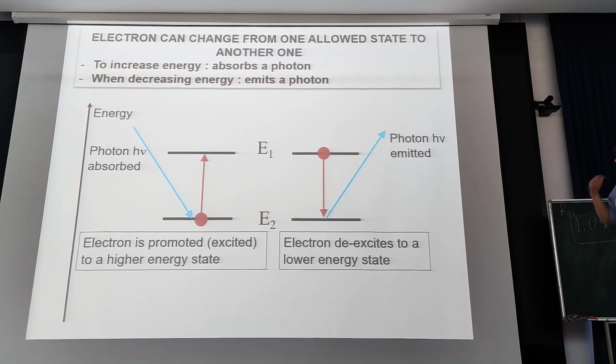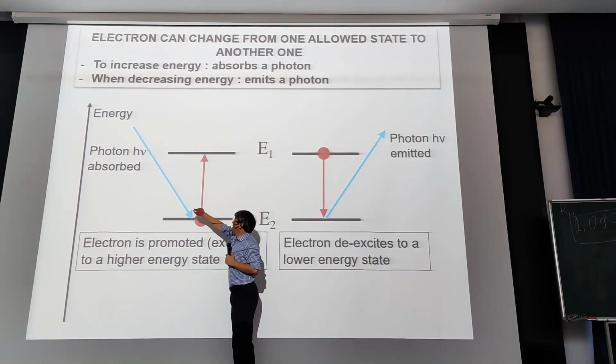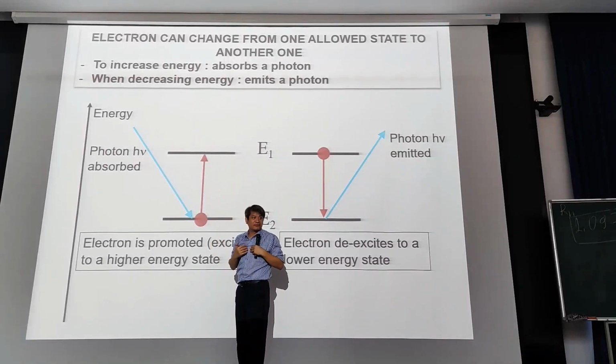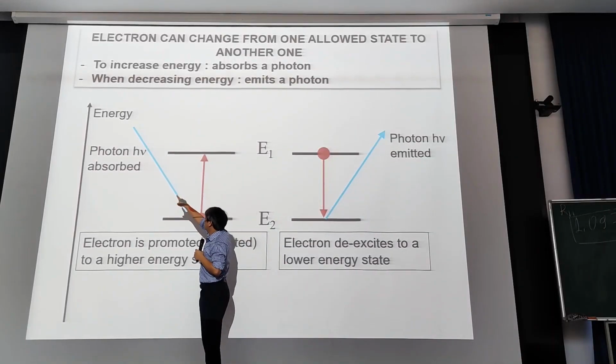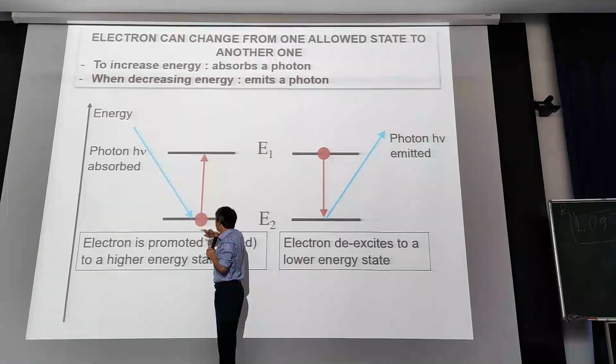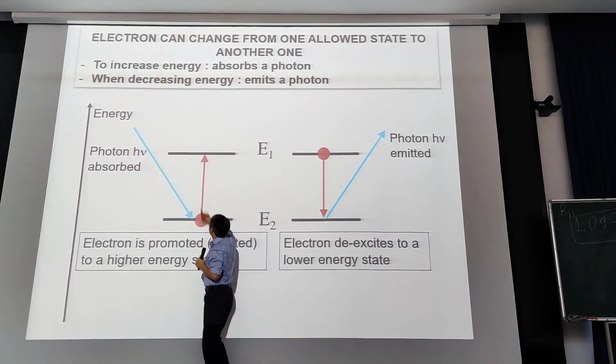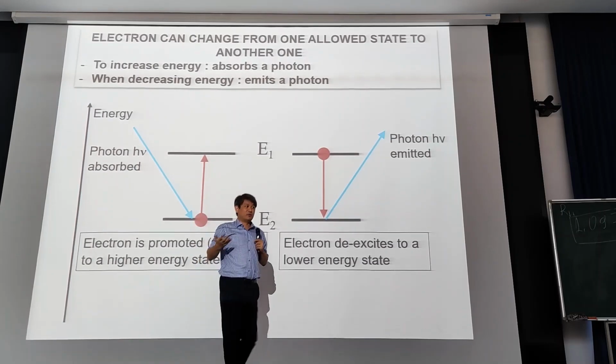So an electron can change from one allowed state to another allowed state. That's described by Bohr. Okay? So to increase energy, that means from E2, lower energy, to E1, you will need to receive energy. So if you have one photon which has energy perfectly equal to the difference in energy between E2 and E1, the electron from here will get excited to the E1 level.